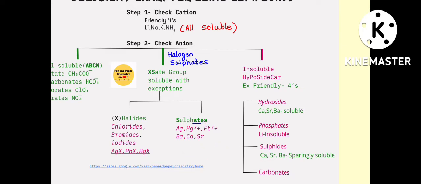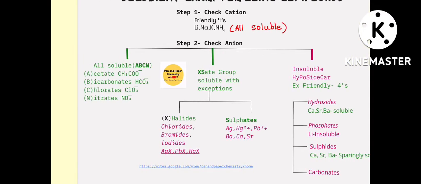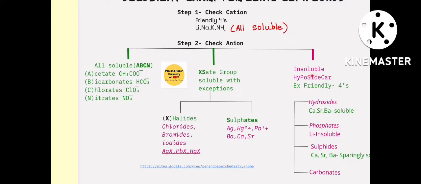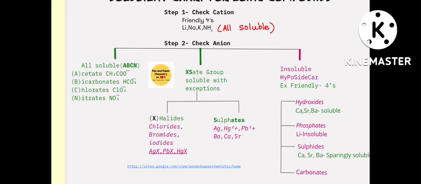Let me make it a bit neater over here. We come to compounds which are generally insoluble, and here we are taking exceptions. What I've done is I've put it in green color and pink color. There's a little bit of mismatch over here. These should be green in color because only silver halide, lead halide and mercuric halide will be insoluble.